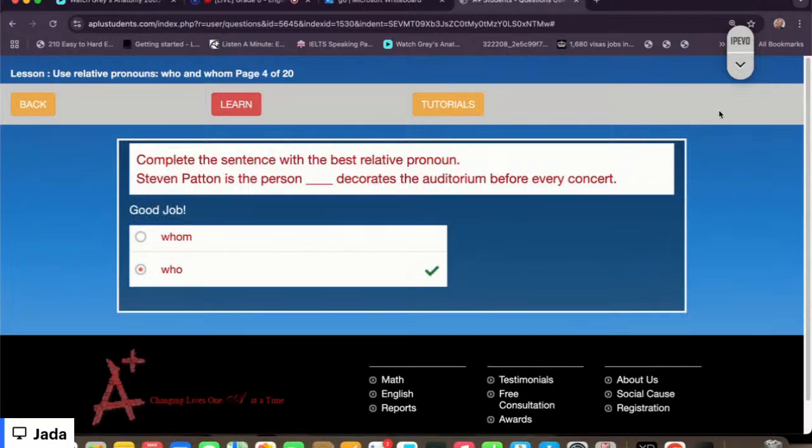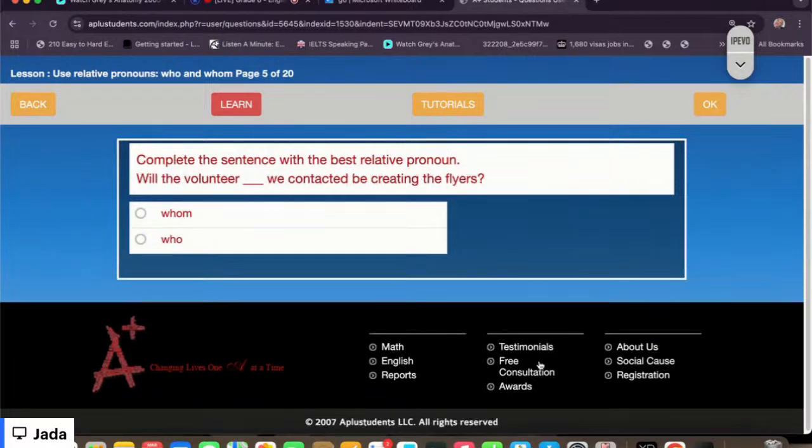So you can say who also, because you can restate and say he decorates. Okay. Will the volunteer, dash, we contacted be creating the flyers?